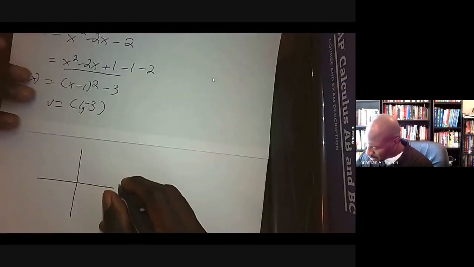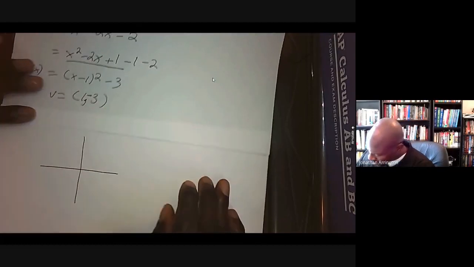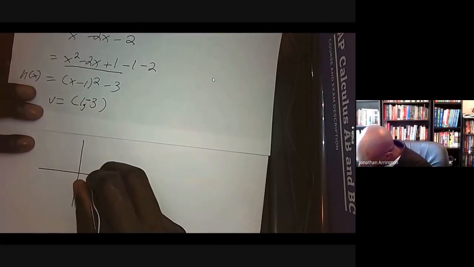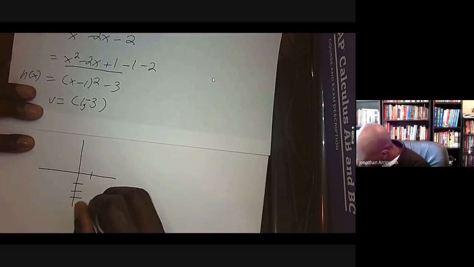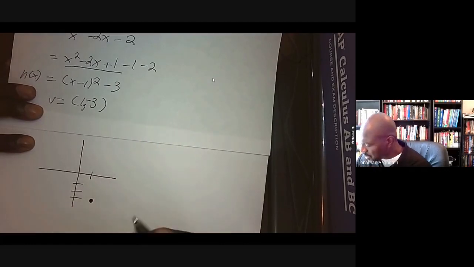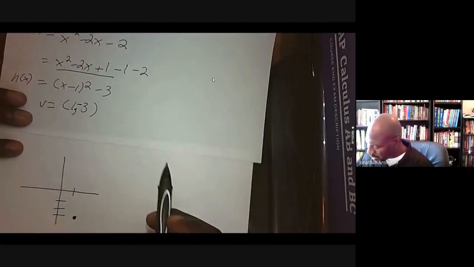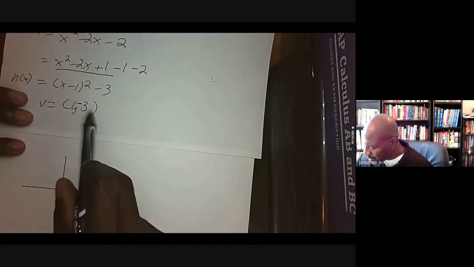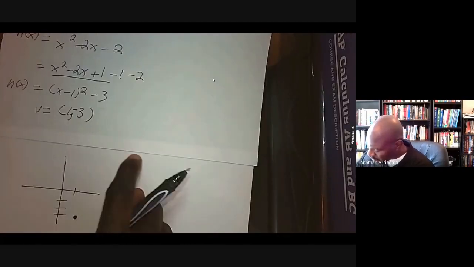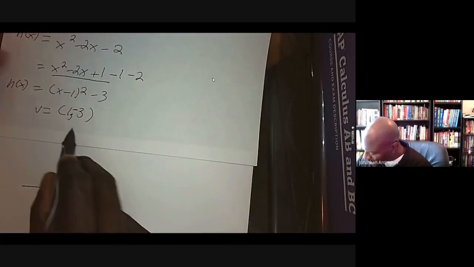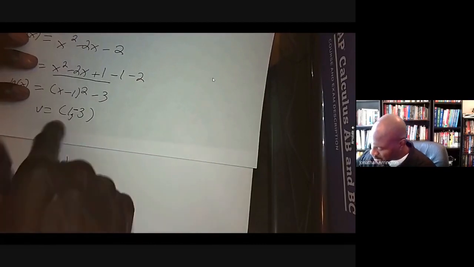This function has a vertex at 1, -3. So that's 1, 1, 2, 3. There's the vertex of this particular function. And then I just want to choose 2 other points, a point to the left and the right of the vertex. So let's say I want to find the value when x is 2. That's 1 to the right of 1.